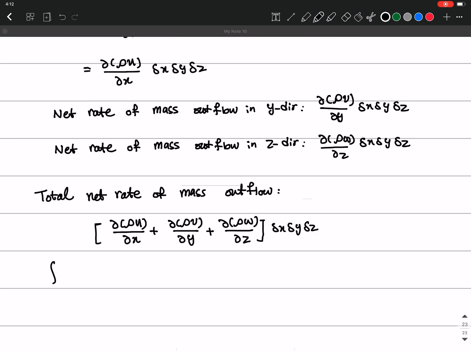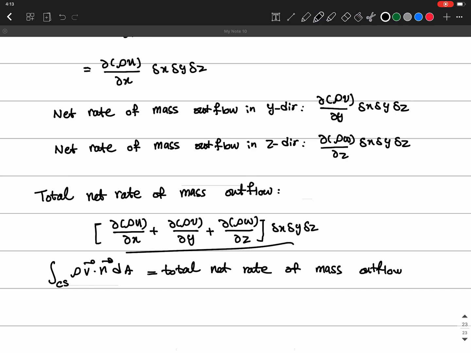So again, this integral over the control surface of rho v dot n dA is nothing other than the total net rate of mass outflow, just for you to remember, refresh your minds. This is in the integral form, and this is going to be in the differential form.